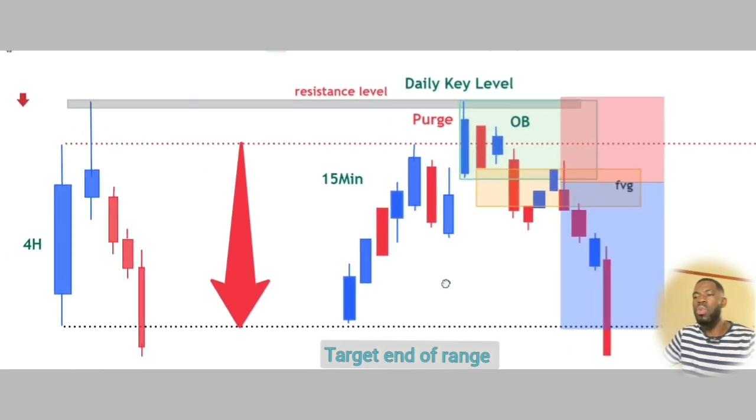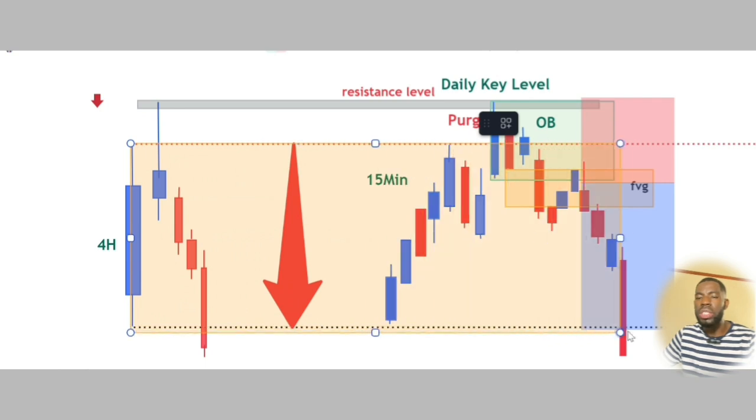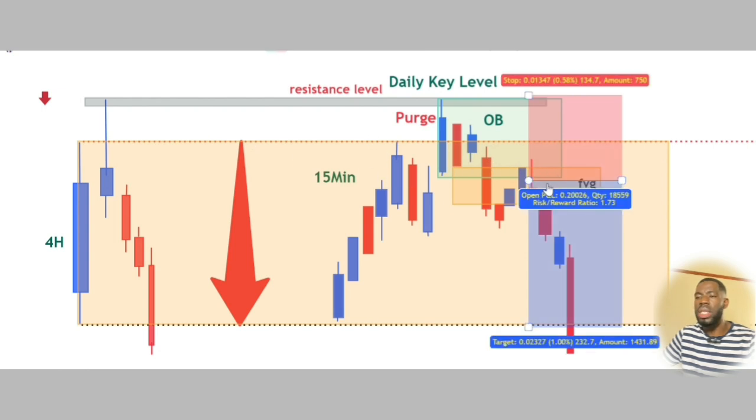This is how you would trade this candle range, and all this price action that is happening in between here is happening within the first candle range. That's why we call it a candle range theory. You are trading only within that range.